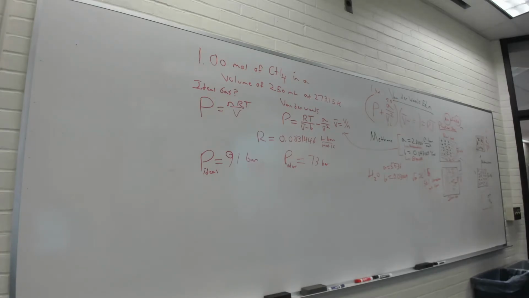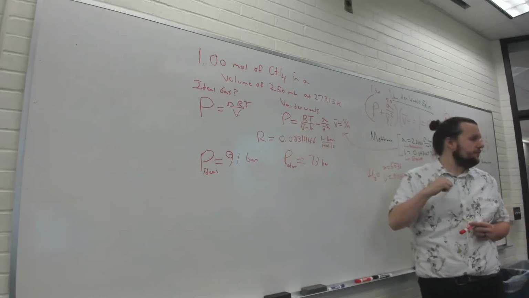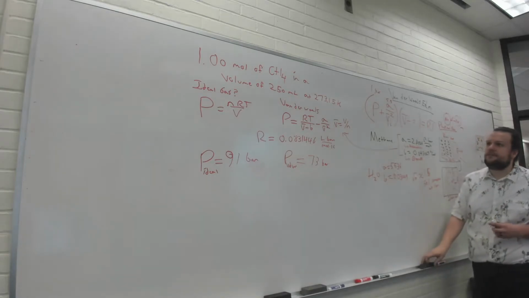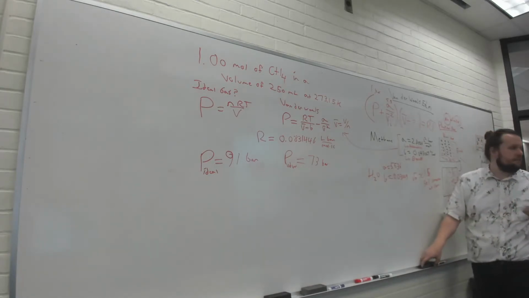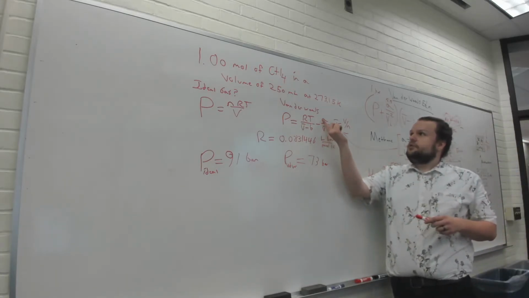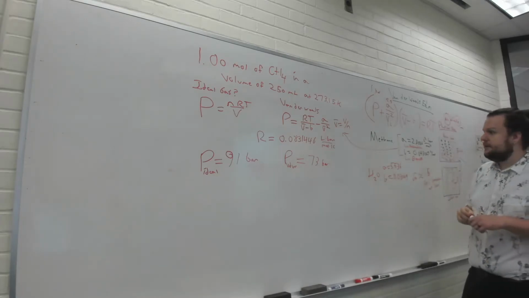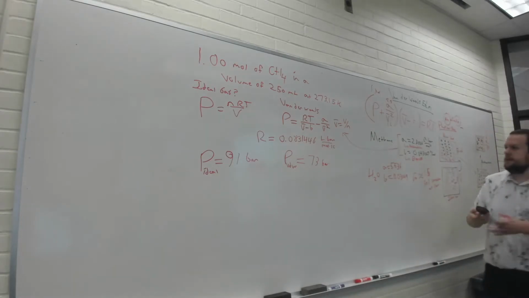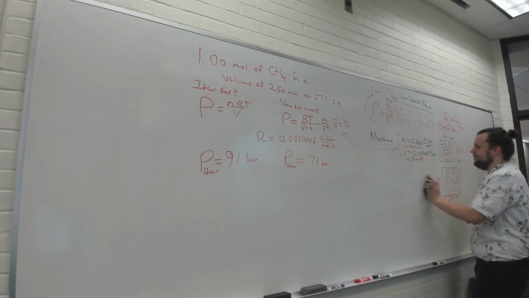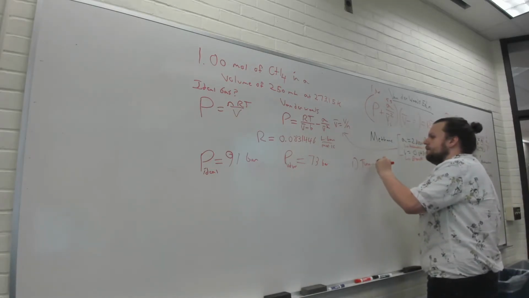And you could even think, well, what happens, for instance, if we turn off one of these factors? What happens if we say that it has physical size but no attractions? That means that this would be 0, and you just have P equals RT over V bar minus b. Someone want to calculate that real quick? That's a fun question to do. All right, so let's turn off attractions.